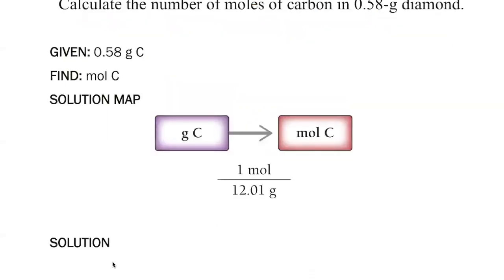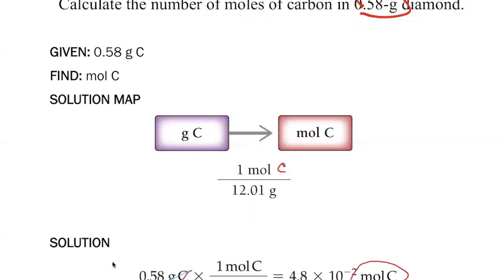This other problem is actually giving you grams, and they want to know moles. So you're going to need the molar mass. The molar mass is 1 mole of carbon equals 12.0 grams of carbon. Notice that you start with what it's giving you. You put grams at the bottom, and your final answer should be in moles.